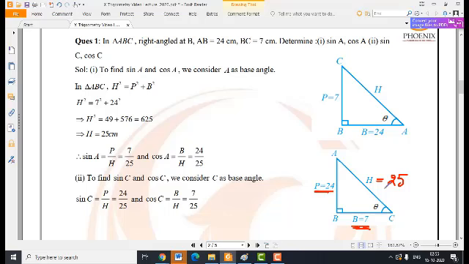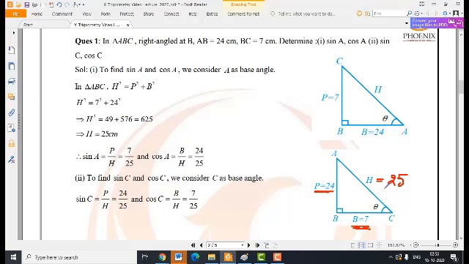So what is going to be the value of sin C? It is perpendicular upon hypotenuse, that is 24 upon 25. And cos C, which is base upon hypotenuse. Now base is 7 in this case and hypotenuse is 25, so it is going to be 7 upon 25.